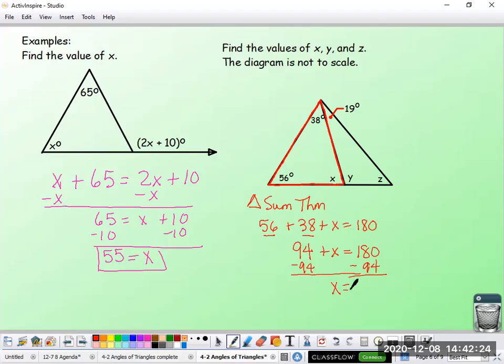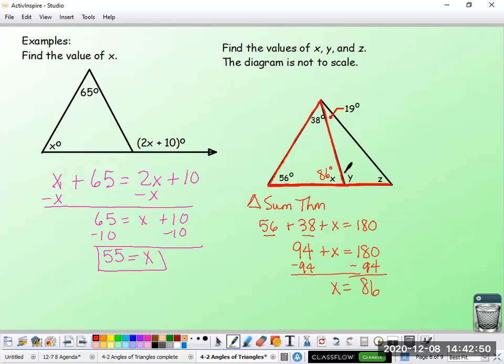And we get x is 86. So right here is 86 degrees. Now, if we extended this side right here, y becomes that exterior angle.